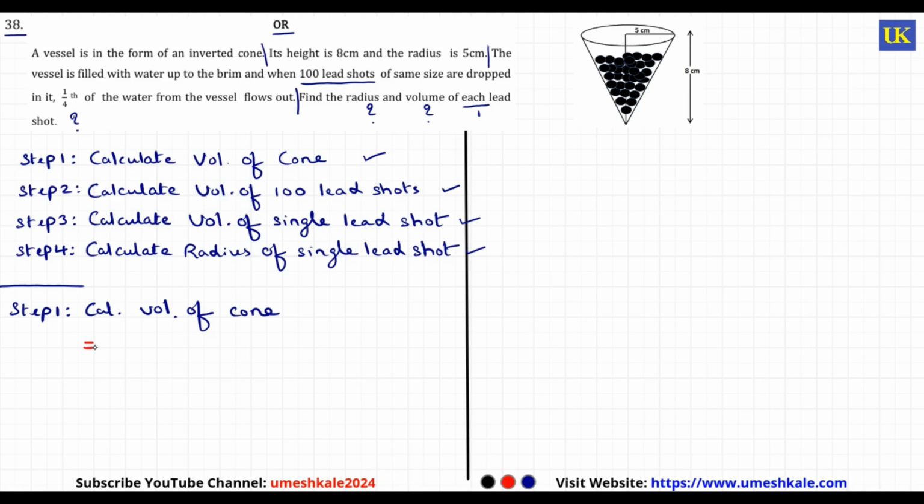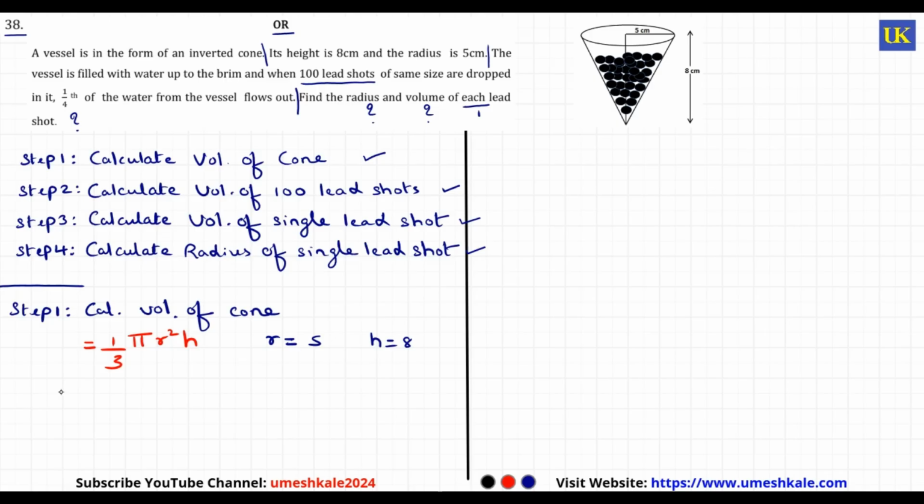So the formula is 1 upon 3 pi r square h. And what is the radius? The radius is 5 centimeter and the height is 8 centimeter.